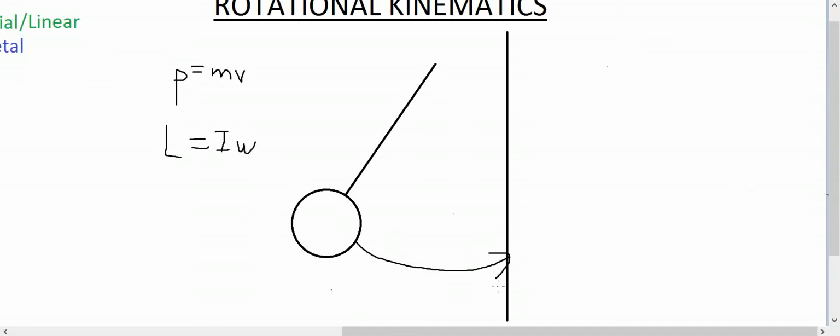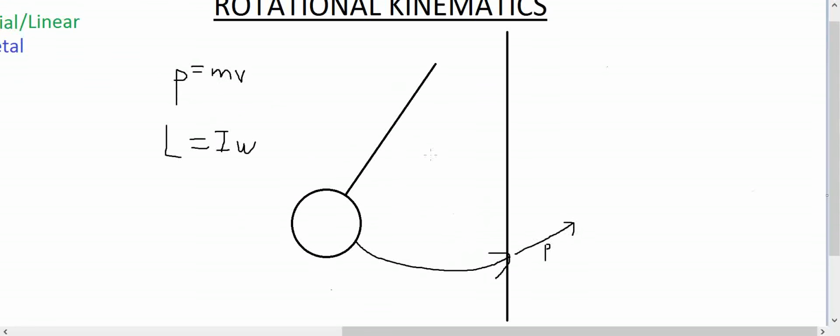When it hits the wall, how much momentum goes through is only dependent on the linear momentum. So it has a bit of momentum, it hits the wall, and this momentum travels in this direction throughout the wall and breaks it.